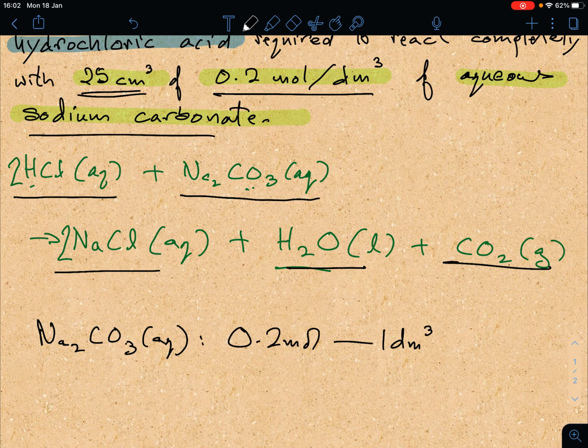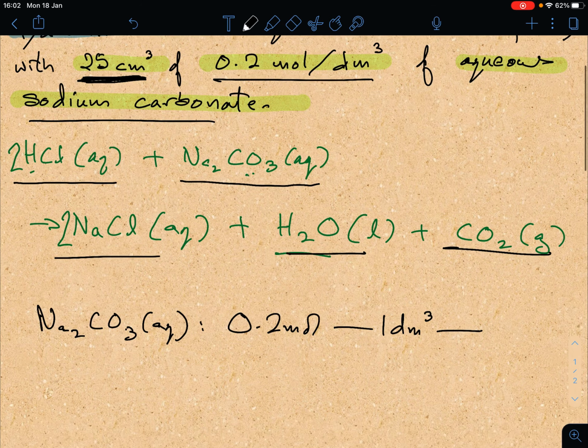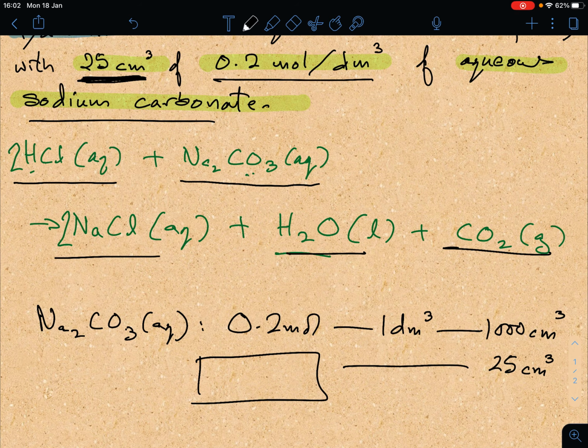Since they react completely with 25 cubic centimeter of this concentration, we change the 1 cubic decimeter to cubic centimeter, so it's 1000 cubic cm. Since they only use 25, from there we can find the mole of sodium carbonate that will react.